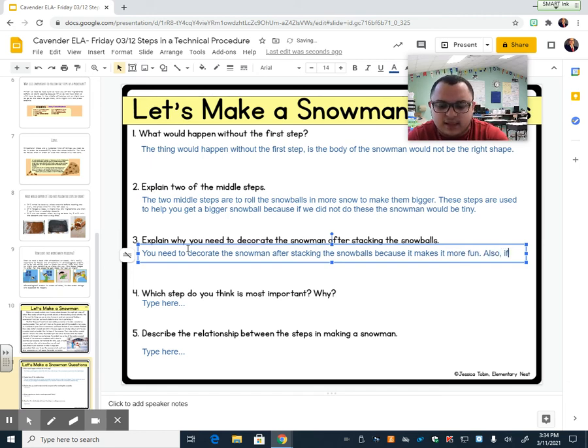Also, if you tried to decorate them before stacking, all of the decorations might fall off when you try to stack them.